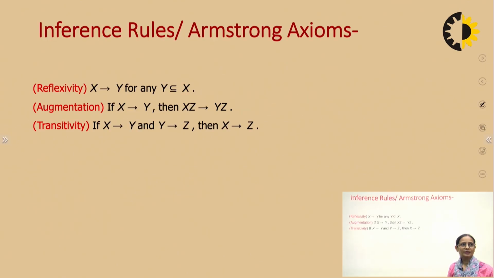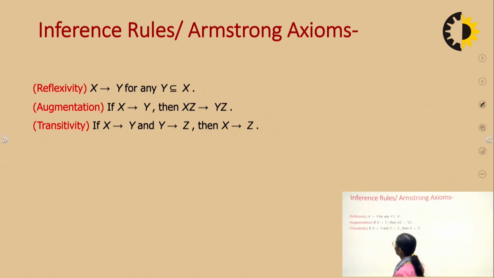These are the inference rules, or Armstrong's axioms, generally used for finding new FDs in our schema, or to find the candidate key, or to find the closure of an FD or the attributes. These are the three main axioms. Number one is reflexivity.